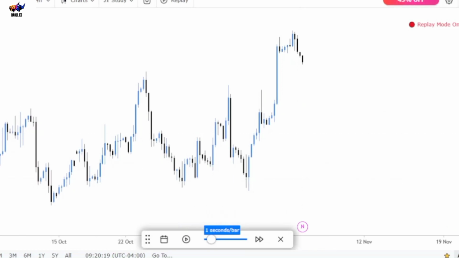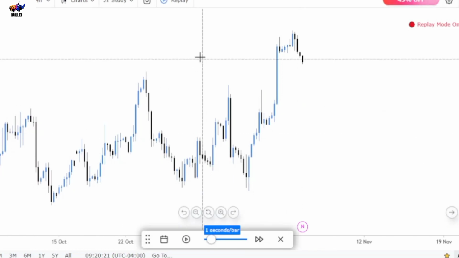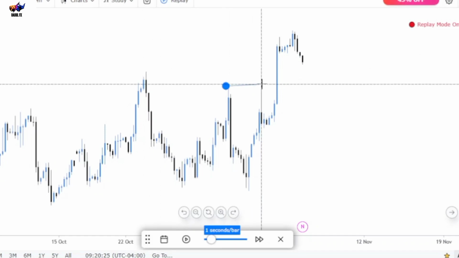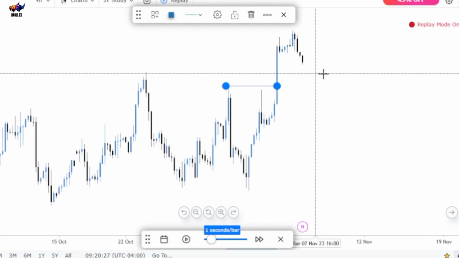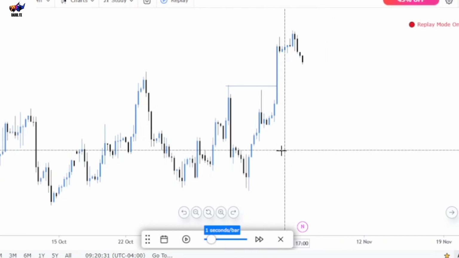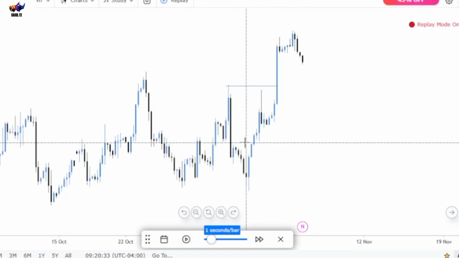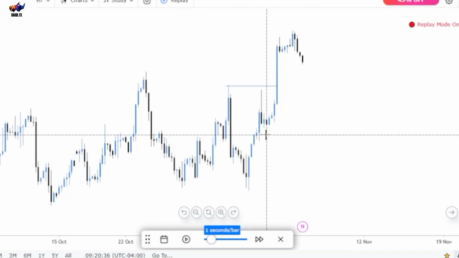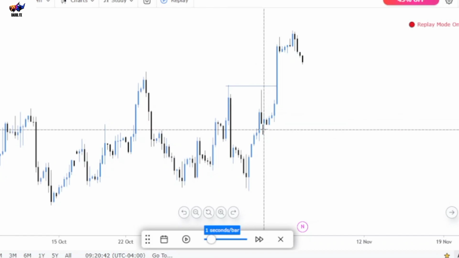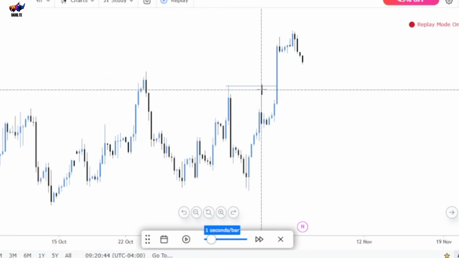So the first thing we want to do on the 4-hour is mark out our break of structure, and it happens right here, right? So we want to look for our price swing, and we see that right here. This is the price swing. Now we could literally use this one, but this is the swing that broke this structure, right?